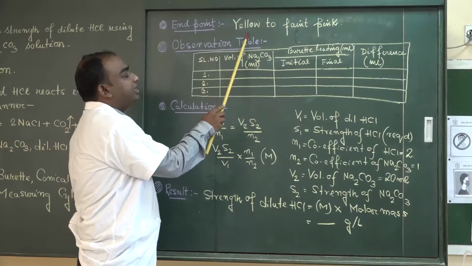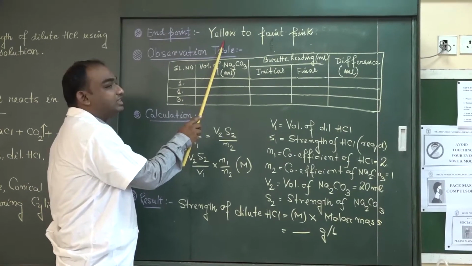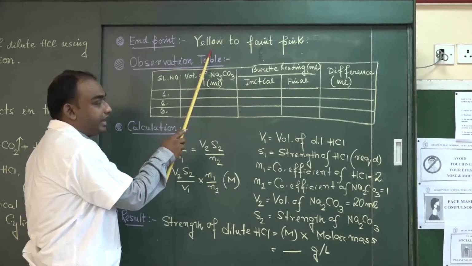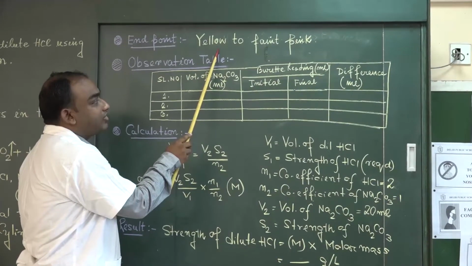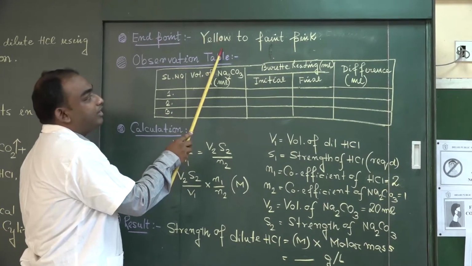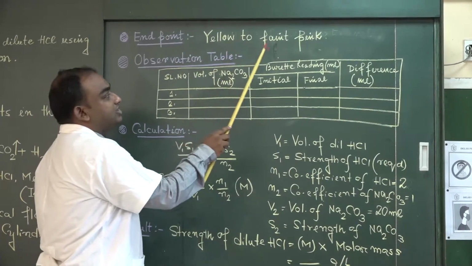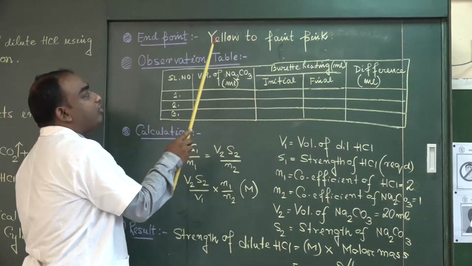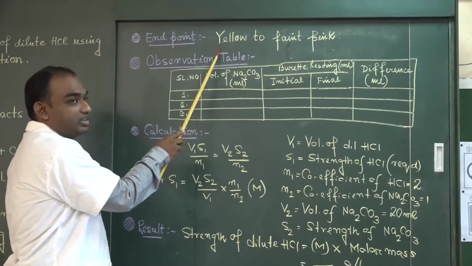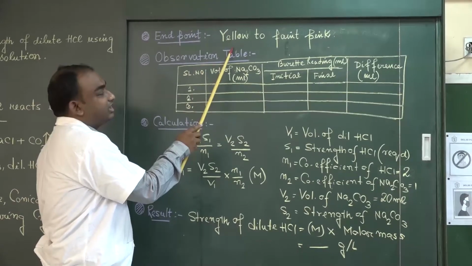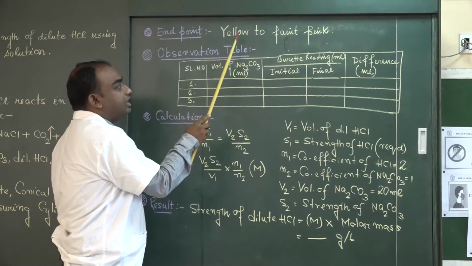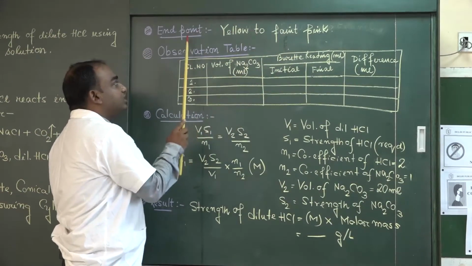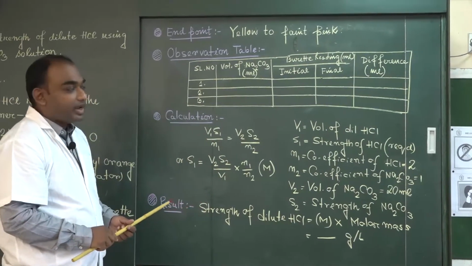Initially the color of the solution was yellow after putting the indicator, but when we titrated with dilute hydrochloric acid, the color changed to faint pink. So if anyone asks what the color change during this titration is, we will say it is from yellow to faint pink. This is the end point of this titration.